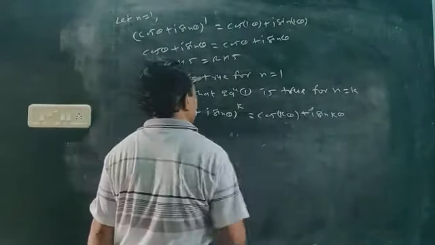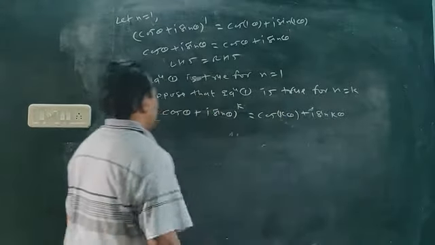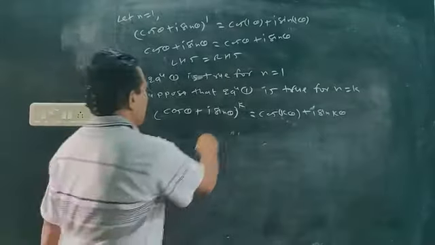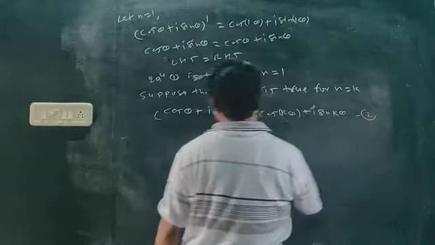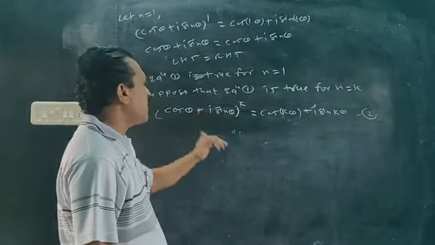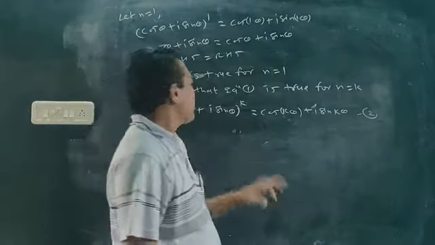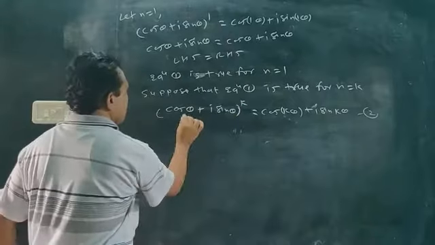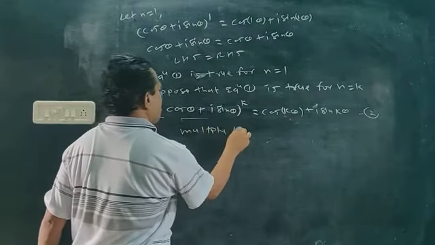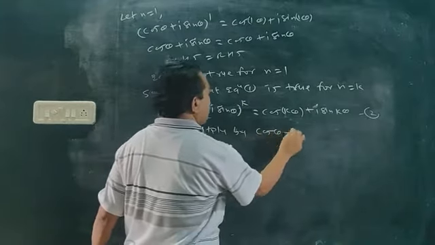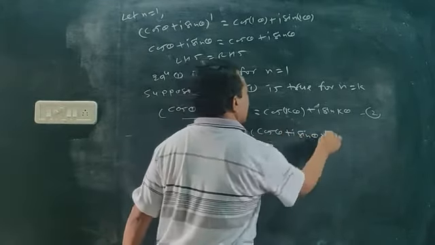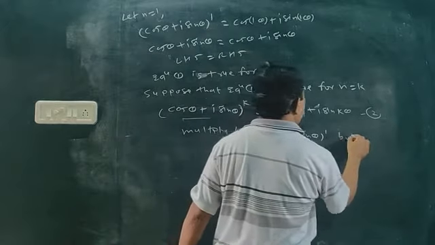I want the power k plus 1 here. What does that mean? Multiply by this quantity: already k power, and one more power means k plus 1 power. So multiply both sides by cos theta plus i sin theta, this 1 power.